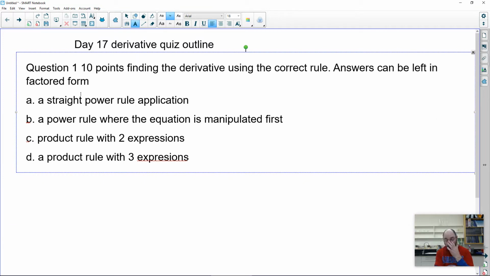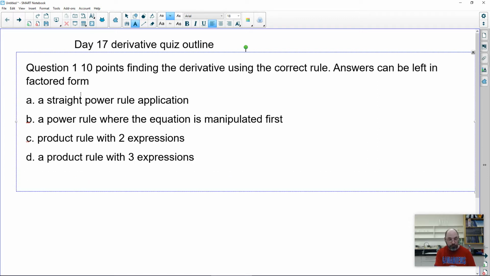And then you'll have a quotient rule. And that'll be the first one. First type of question. And a quotient rule.